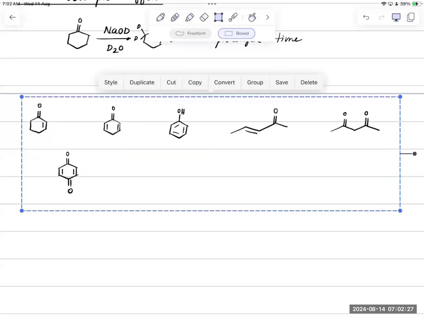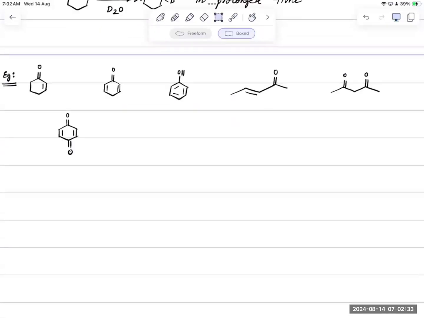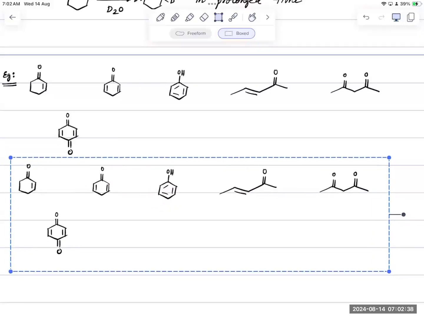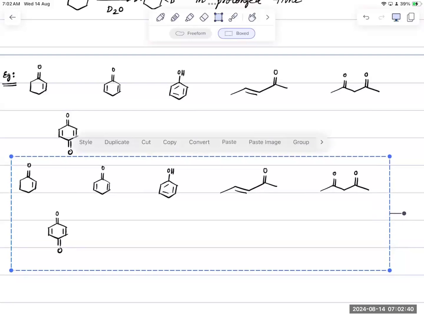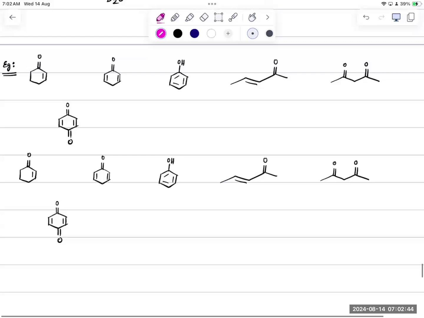So I'll copy all of them. You need to check out the positions where we have kept this. Now, notice here exactly we can get a minus charge here by removing one hydrogen, which means whatever the hydrogens are here, they'll be exchanged by deuterium.